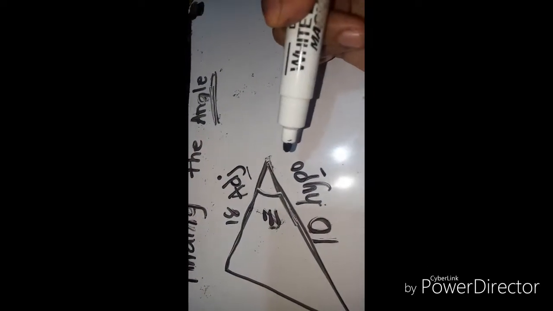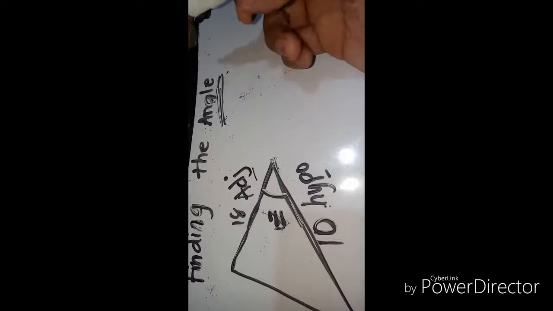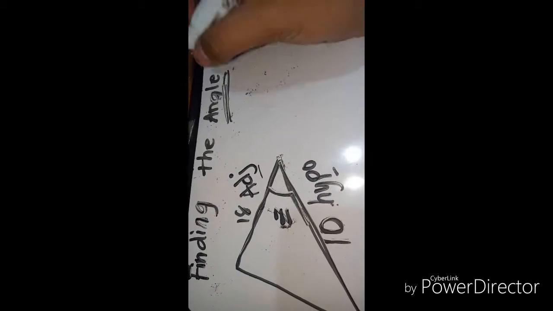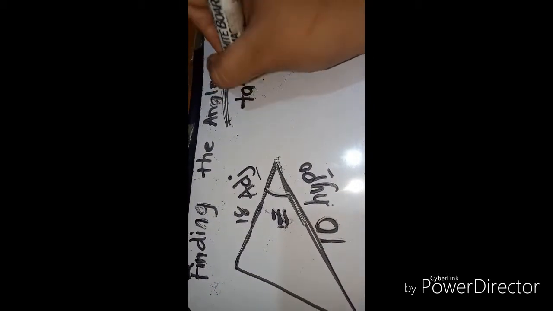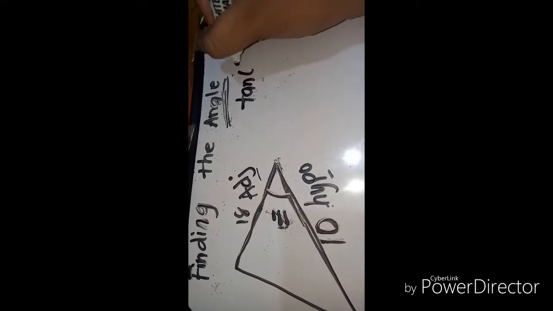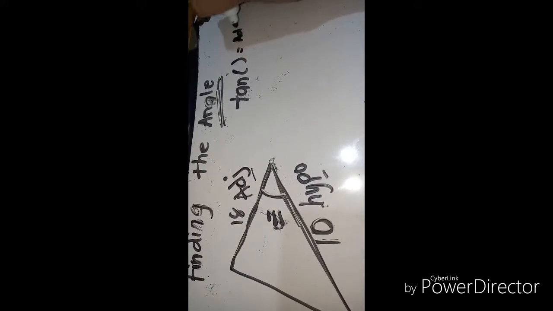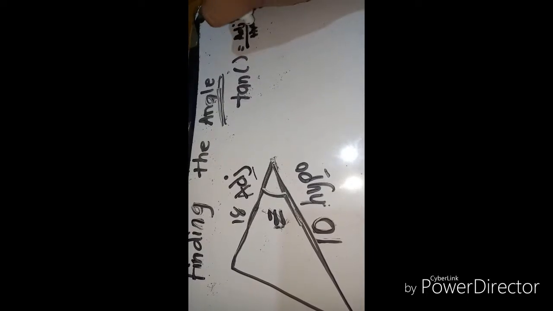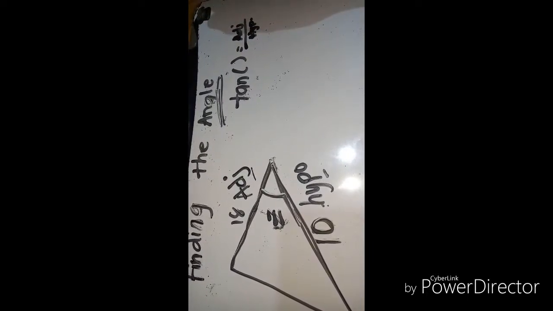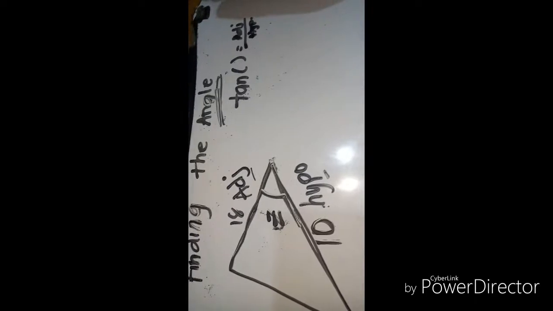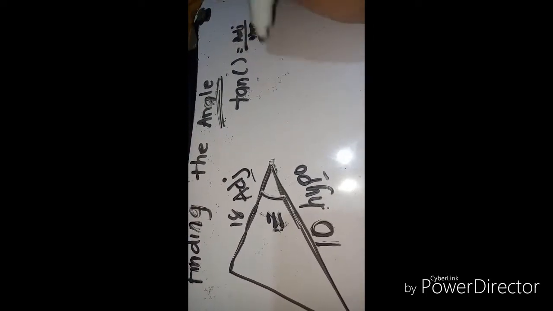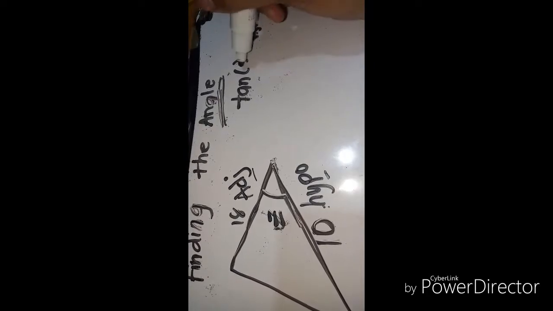So the formula that we're going to use will be the tangent angle equals adjacent over the hypotenuse. We're going to arrange this formula because we're looking for the unknown.